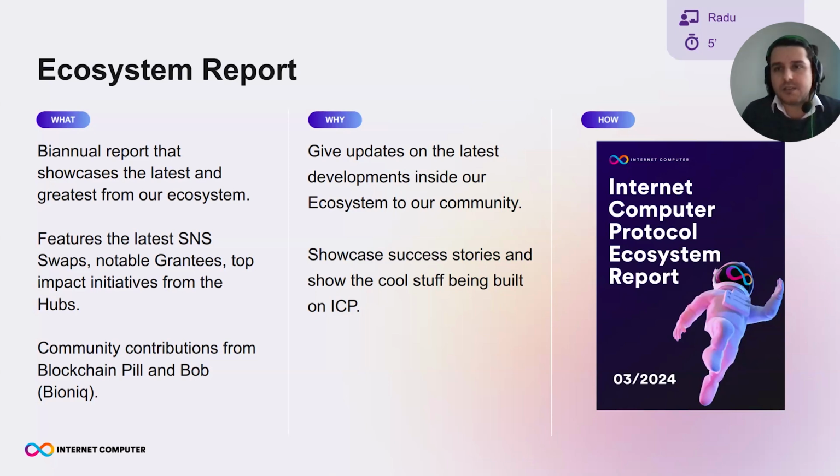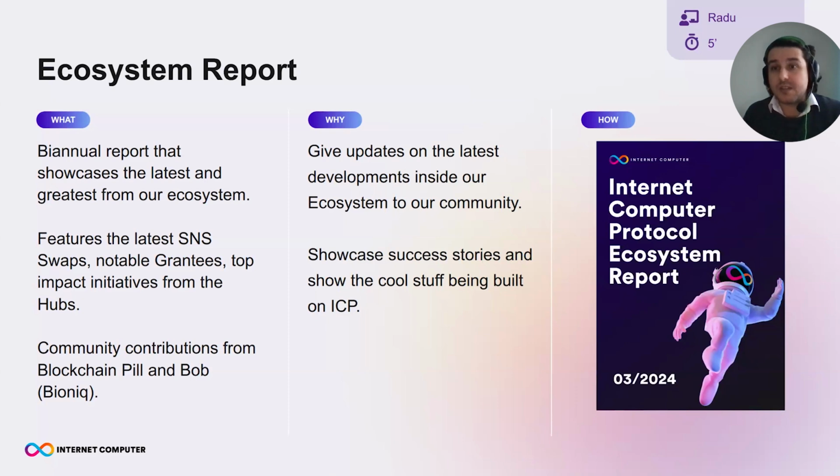Each report will showcase the latest and greatest from our ecosystem. Whatever has happened in the past 6 months that is exciting. What are the new projects that are building on top of ICP? What are the new grantees? What is happening inside the ecosystem?